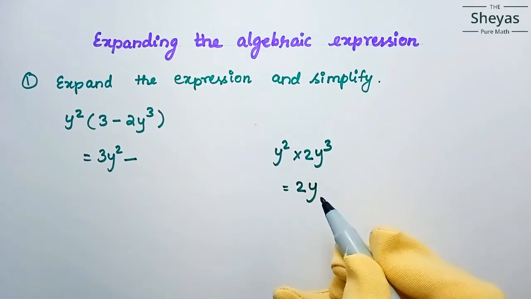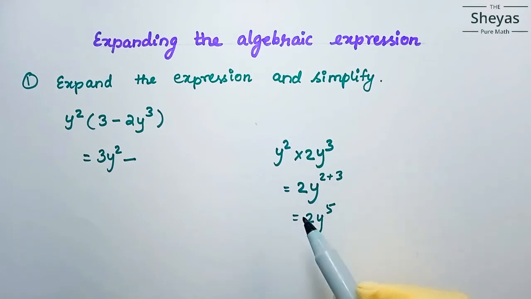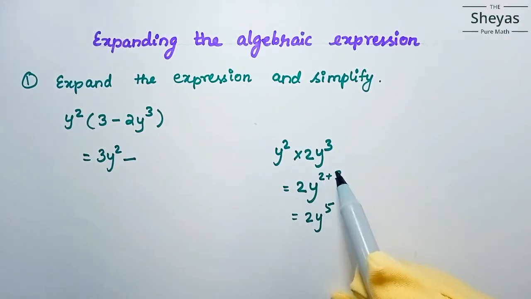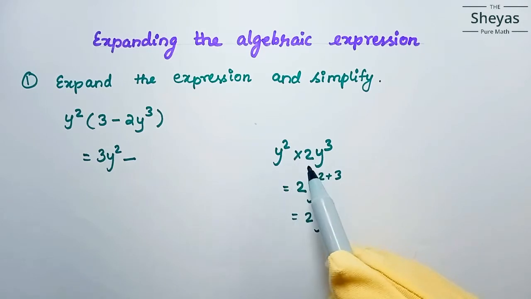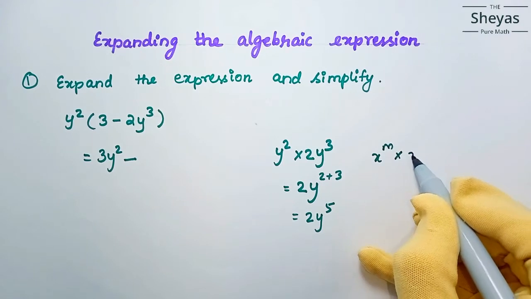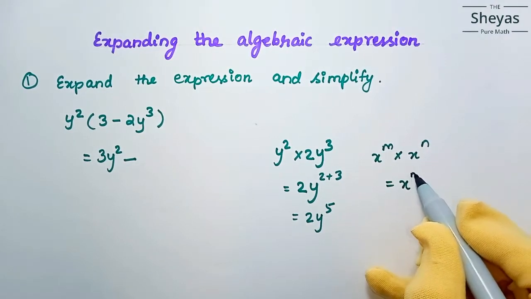Using the law of exponents: x to the power m into x to the power n can be written as x to the power m plus n.